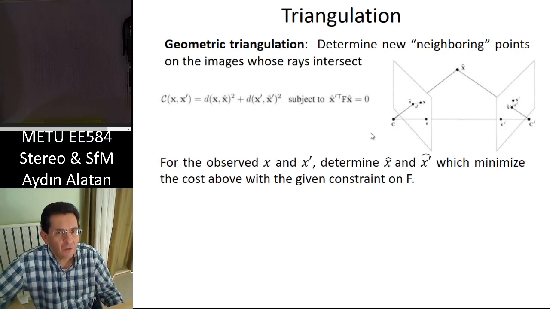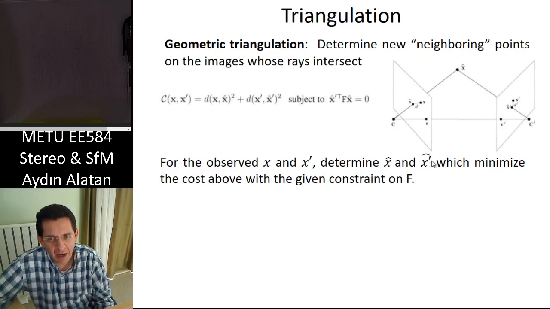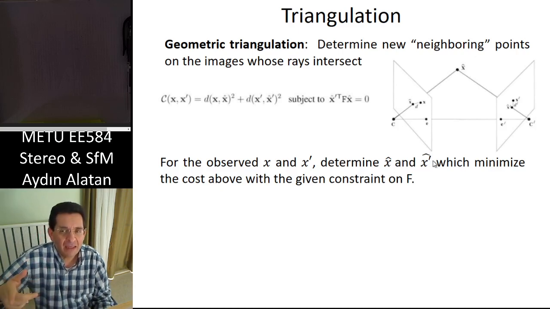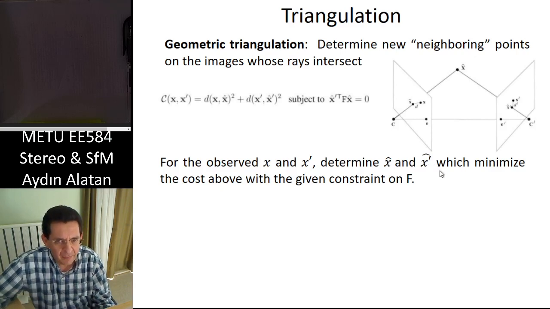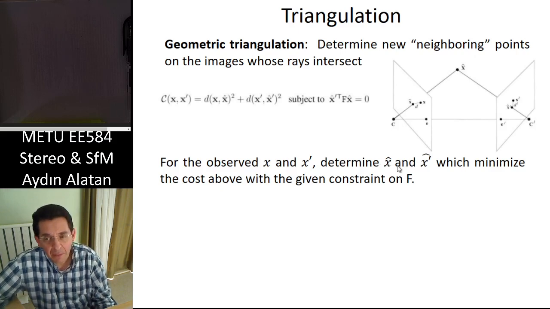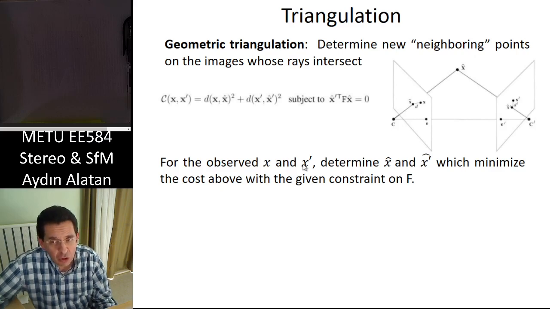Okay? Therefore, what I'm saying is, let me try to find x cap and x cap prime. I can find their 3D depth very easily with the previous technique in the previous slide. But my points x cap and x cap prime are in the neighborhood of x and x prime, and also they exactly satisfy the 3D point.